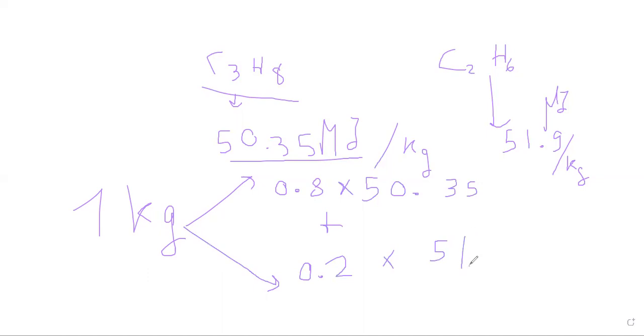Now just pay attention. In case, instead of giving you the percentage in mass, they gave you the percentages in volume of C3H8 and C2H6, you should first determine for these percentages of volumes what will be the corresponding percentages of mass, and then calculate the heat value.